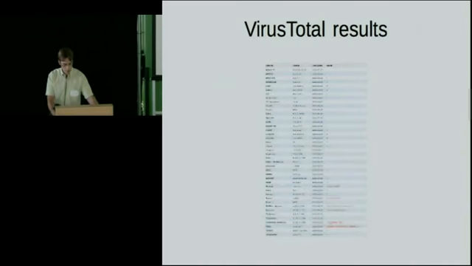There is a website called VirusTotal where you can upload files, and it will run the files through 40 or 42 different antivirus products, including McAfee, Symantec, any of the antivirus you could buy at Fry's or other stores. Here in red are the antiviruses that found the executable to be malicious.